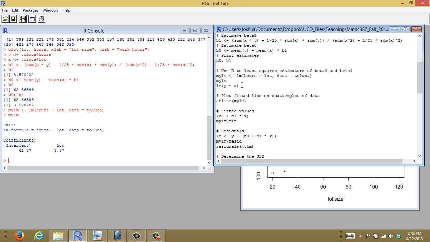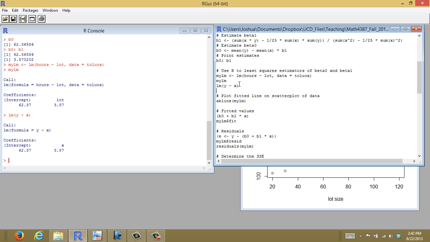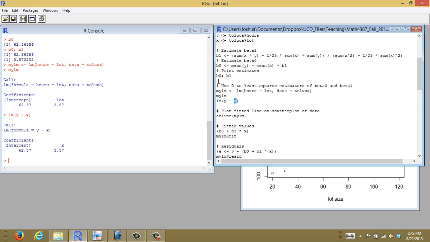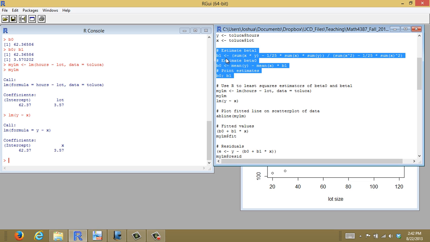And this is the same information I would get if I simply typed LM of y tilde x, because I have stored the data contained in hours in the variable y, and I've stored the lot variable in the variable x. So that's using the built-in function that R provides in order to find the least squares estimates of beta naught and beta 1, which I'd say is a lot easier than writing out a formula of this nature in R.